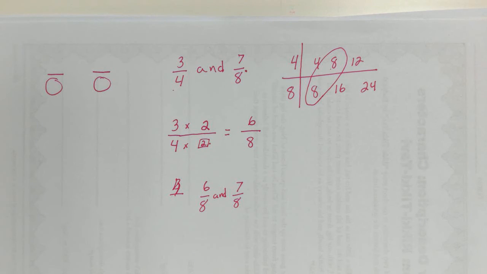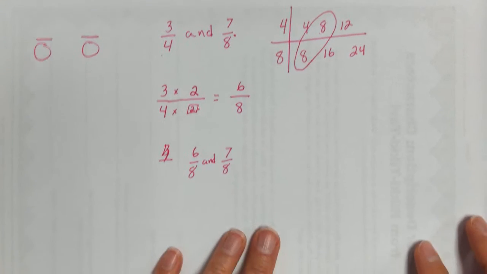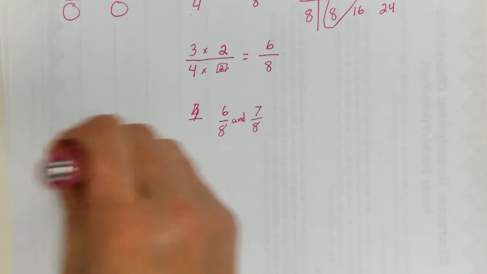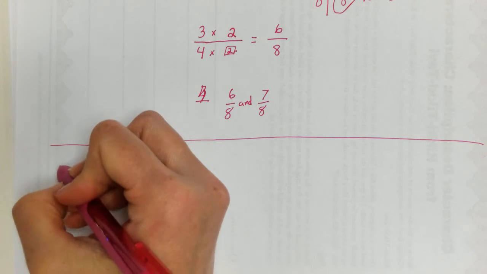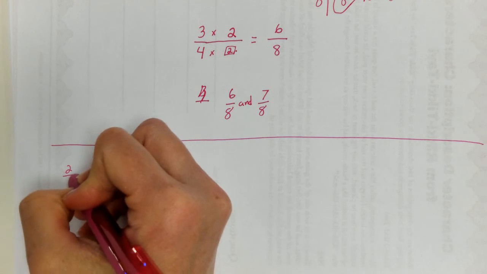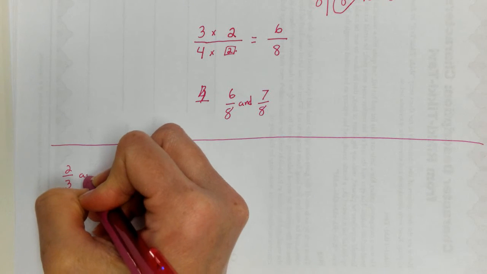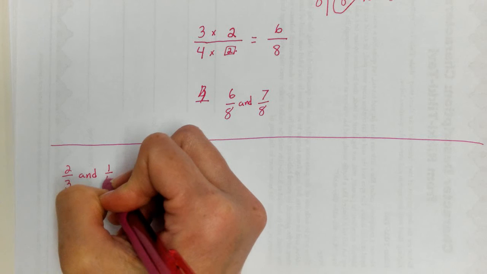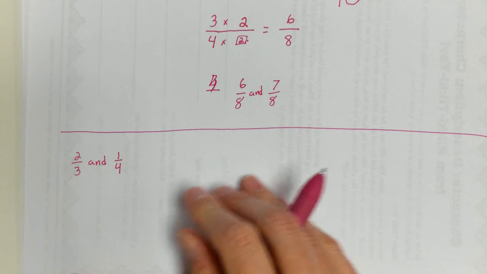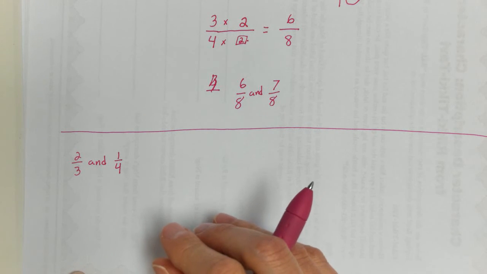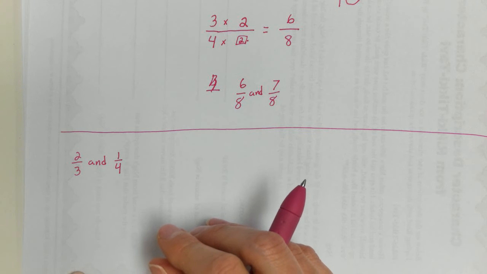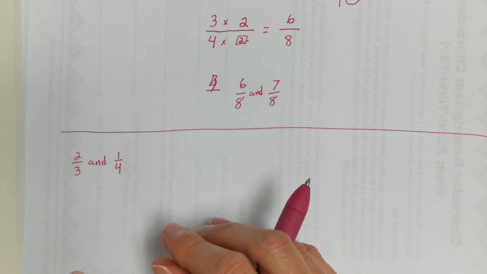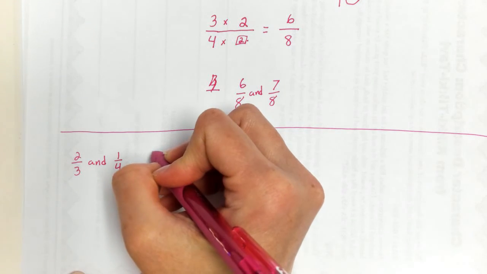Let's do number 8. I want to do 2/3 and 1/4. What do I do first? I list the multiples of both denominators.